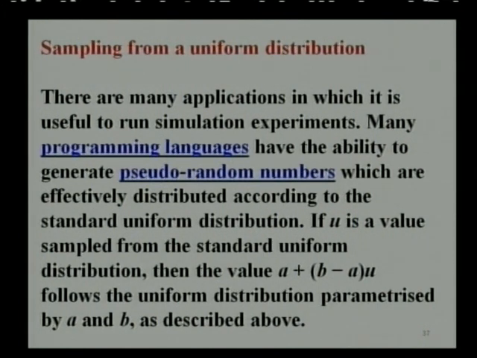If u is a value sampled from the standard uniform distribution, then any sample value from the univariate distribution with limits a and b is given by a plus (b minus a) times u, and this follows the uniform distribution parameterized by a and b as described above.